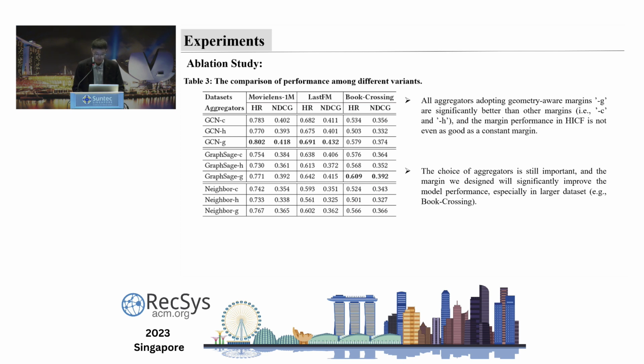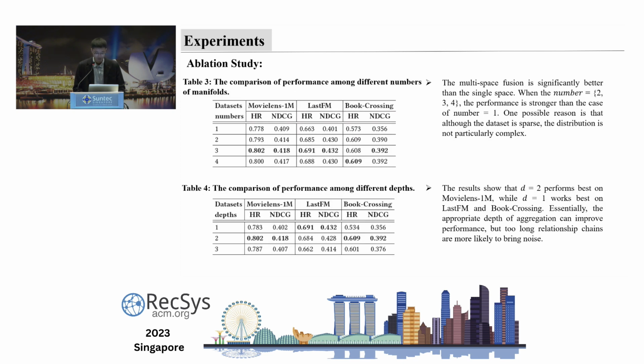Second, the choice of aggregators is still important, and the margin we design will significantly improve the model performance, especially in larger datasets, for example, Book-Crossing. As you can see, we also conducted other ablation experiments, such as the impact of different layers of manifolds and different depths of aggregation on the model.